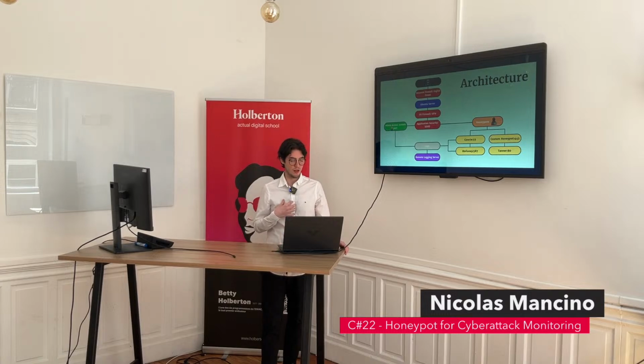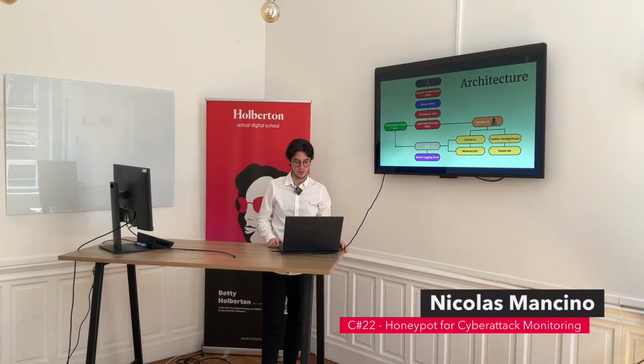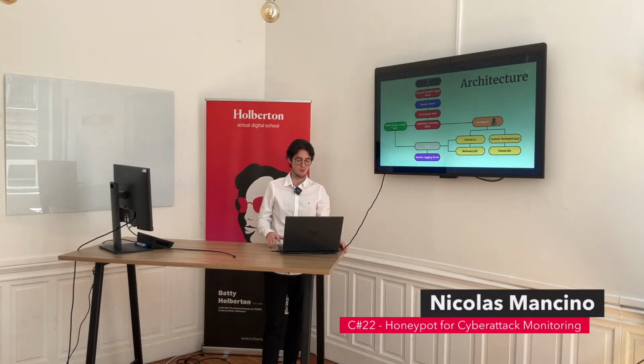Because our IPs are whitelisted, we have access to the admin panel, but we open the ports for the honeypot. We open 22, 443, 587, and 80, and all attacks made on the honeypot are sent to the remote logging server.